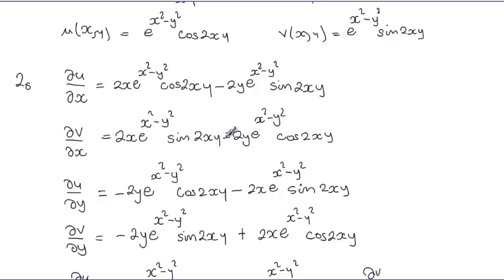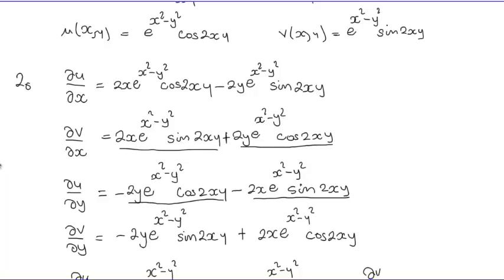This is supposed to be a plus sign. With that, I think it is clear that these two derivatives are exactly the same. Like this term, we have it here, and that term there, they differ by the sign. And similarly, this one and that are exactly the same, they differ by the sign.